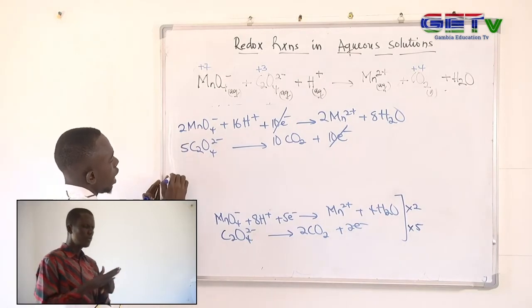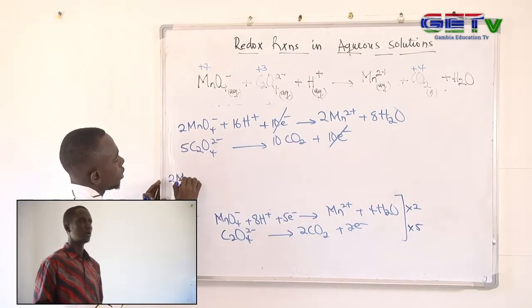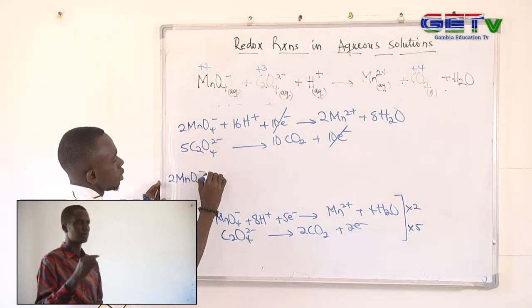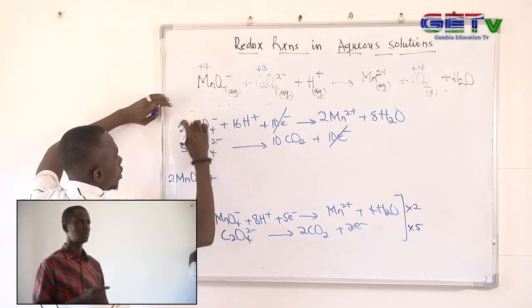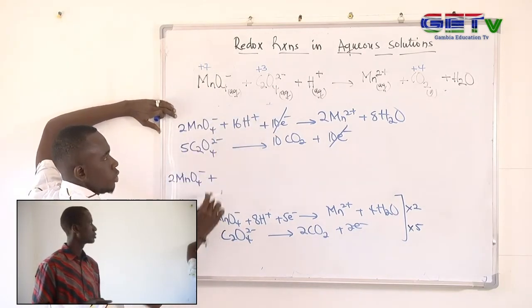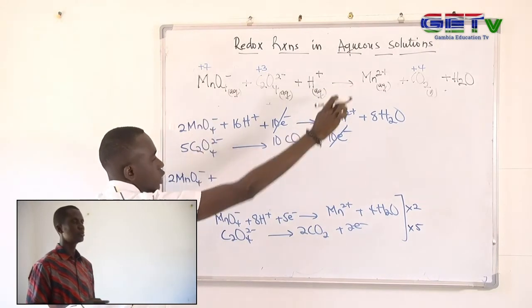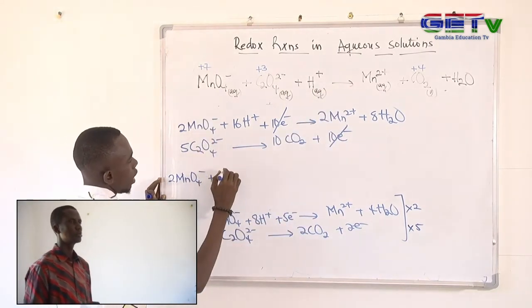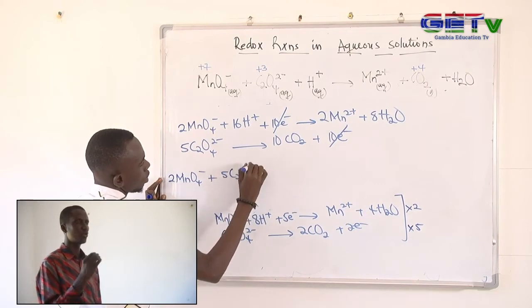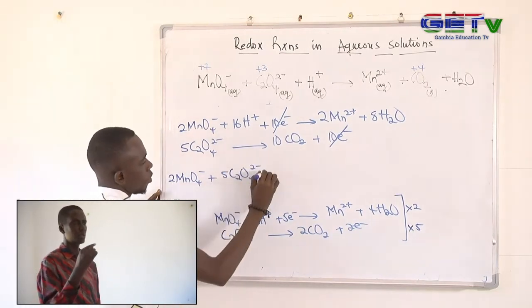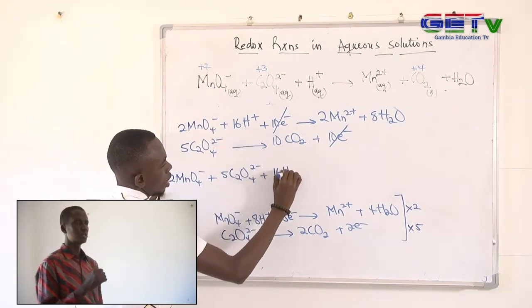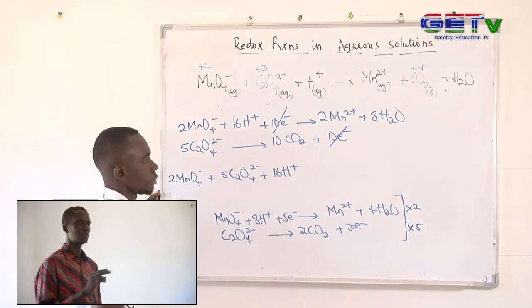In this case, we will have 2MnO4 minus plus, this place will move to the what? Reactant side. We are again trying to write a reaction like this one. And again we have 5C2O4 2 minus plus 16 hydrogen ions.